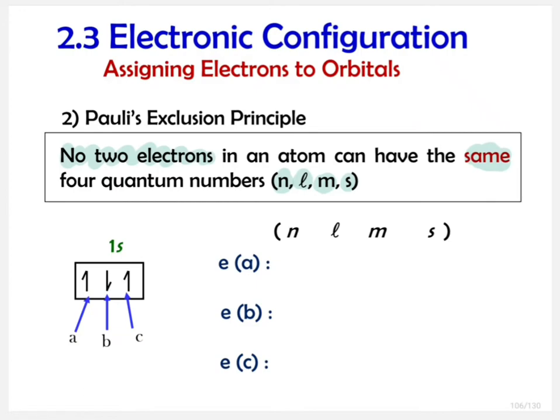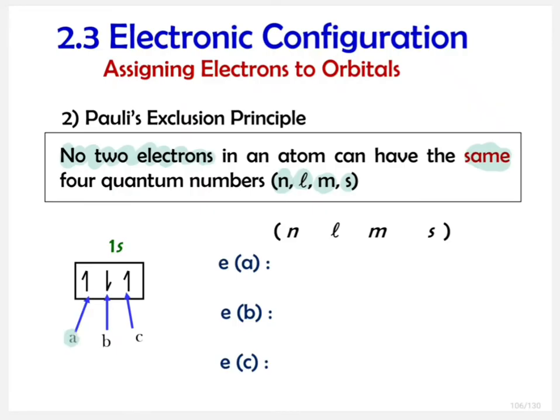Okay, so for example, let's look at this. Selama ni kita belajar, satu orbital, satu bilik, satu kotak ni, kita hanya boleh isi 2 elektron sahaja. Kenapa bukan 3? Kenapa bukan 4 dan seterusnya? So let's say, in 1s, kita letak 3 elektron. And then kita try untuk tulis the set of quantum numbers for each electron.